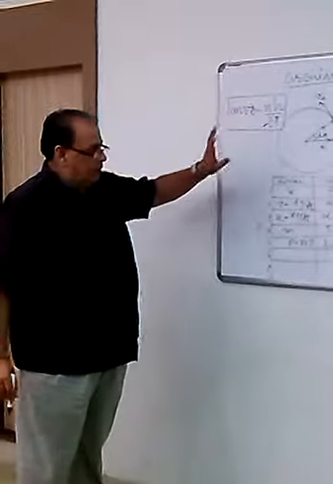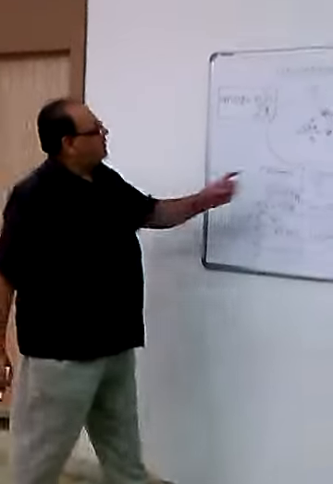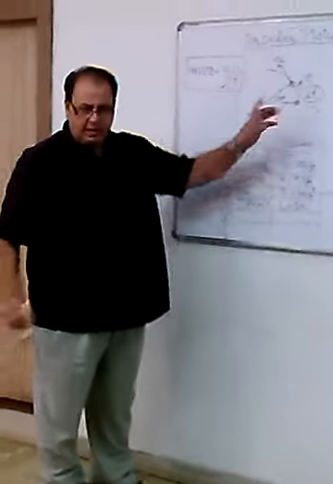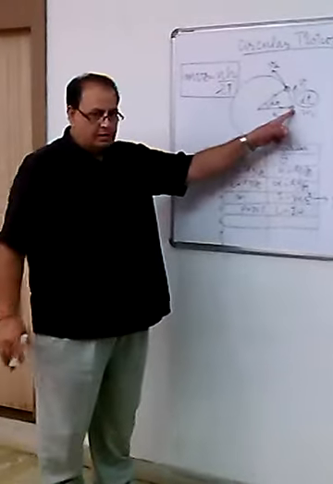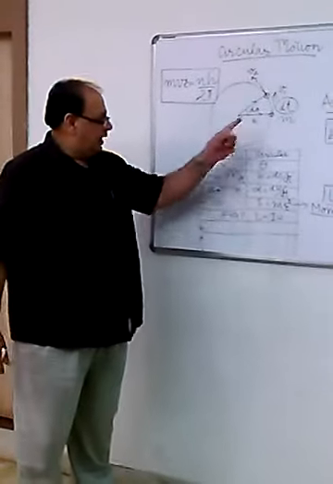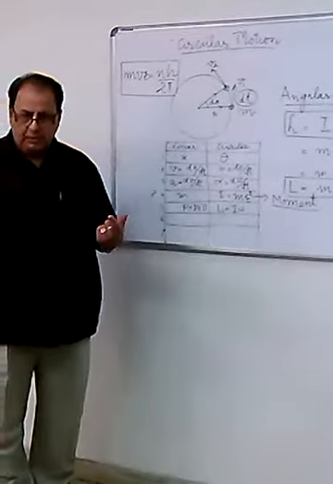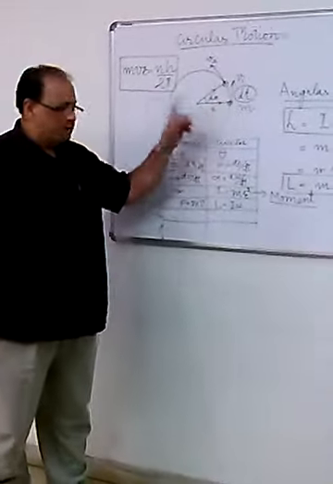m v r. Now I'll tell you one thing, try to understand. This is a mass, and at a particular time, this mass is rotating, and I have taken a photo, in a radius r. If I ask you what is the moment of the mass, the moment of the mass is exactly m into r.